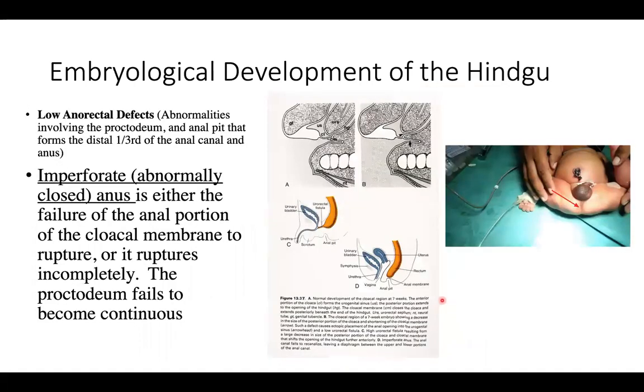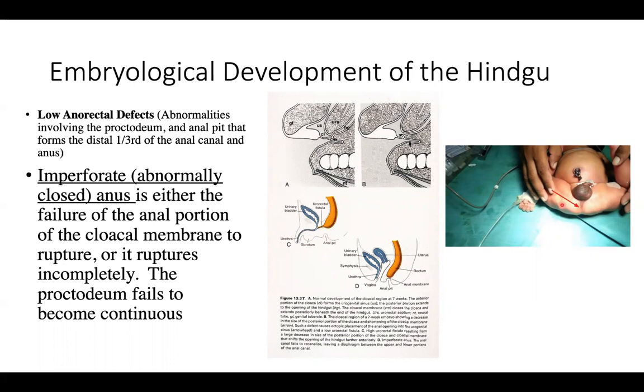So this baby, for example, was born, and you can see it's a male baby. The scrotum is normal, penile is okay, umbilical is okay, everything is okay. Maybe the lower limbs are okay. But look here, no anus in this baby. So you have to take him to the surgeons. They will decide when.